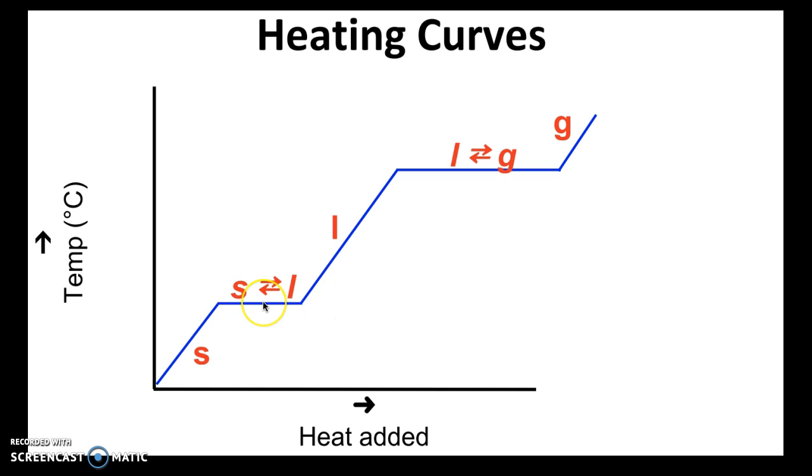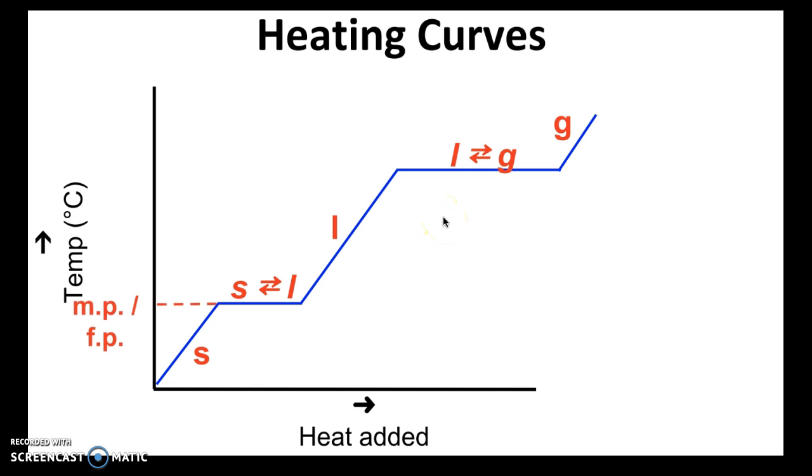Now you can utilize these curves to identify the melting point temperature or the boiling point temperature of a substance. So how do you think you do that? How do you think you would find the melting point, which is the temperature at which something melts, or the boiling point, the temperature at which something boils?